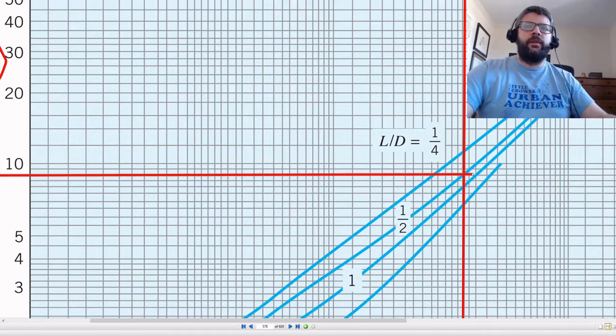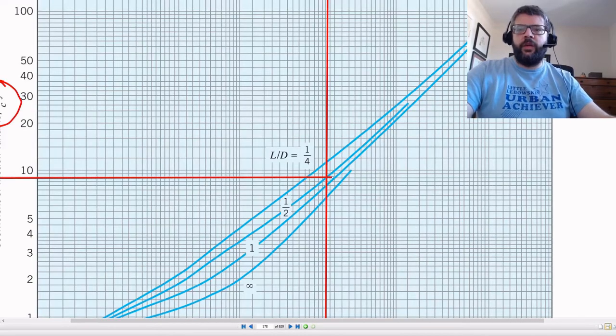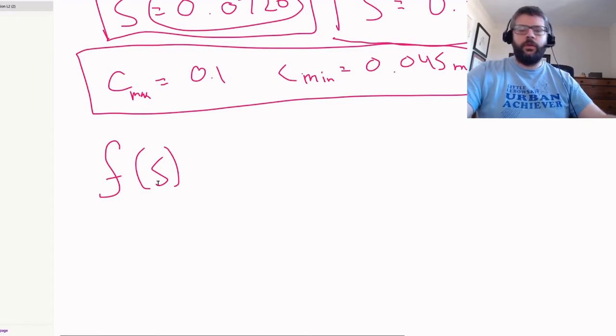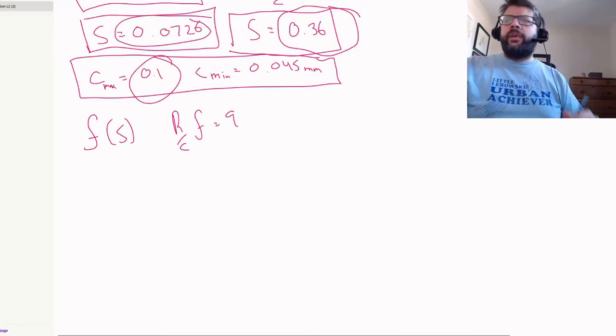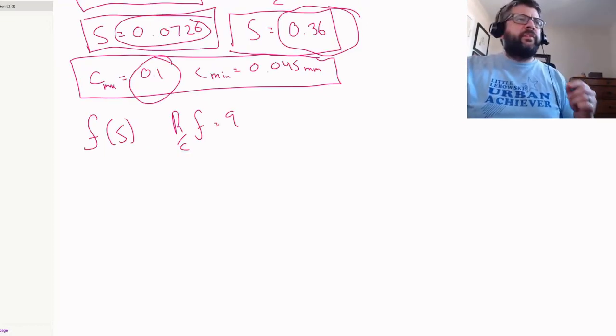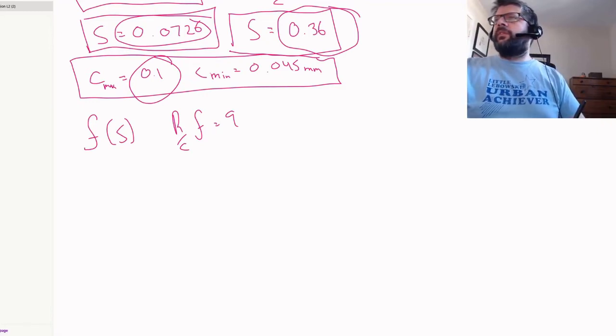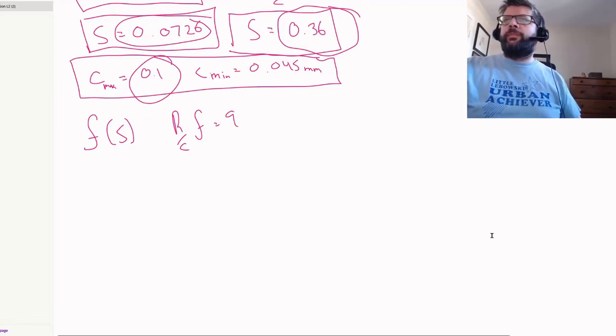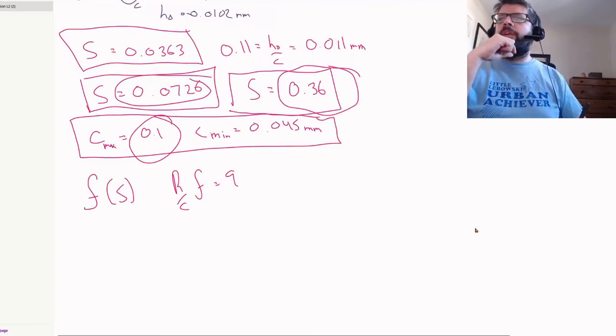So 9 is our R over C times F. That was for the S equal to 0.36 case, so that is the one that corresponds to the smaller clearance. So that's the minimum clearance value.